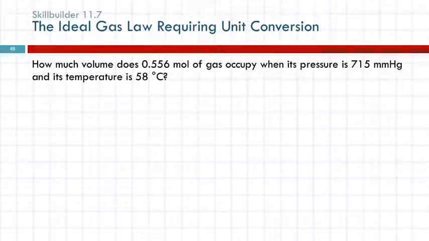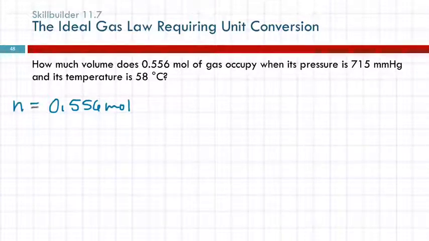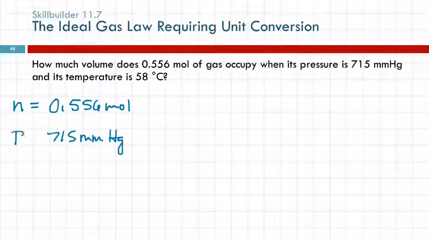I'm going to do it the other way with just labeling things. So 0.556 moles. So that's N. N is number of moles. The next number that comes along is 715 millimeters of mercury. That's a pressure. And the last number is 58 degrees Celsius. That's the temperature.